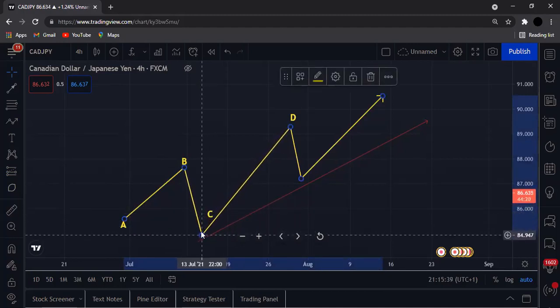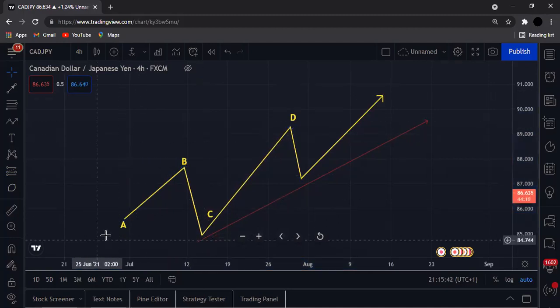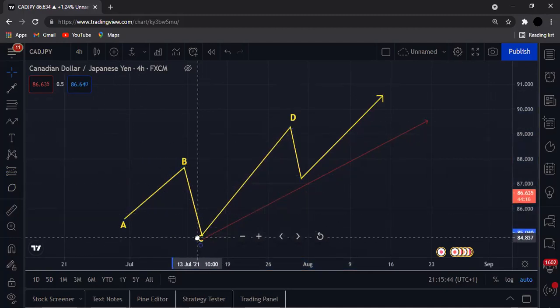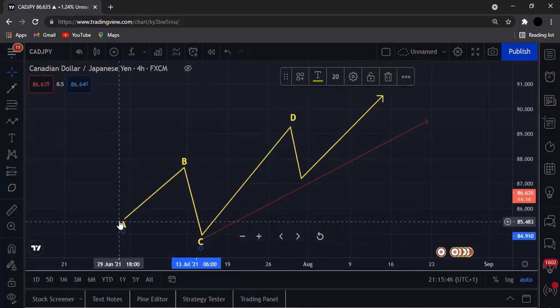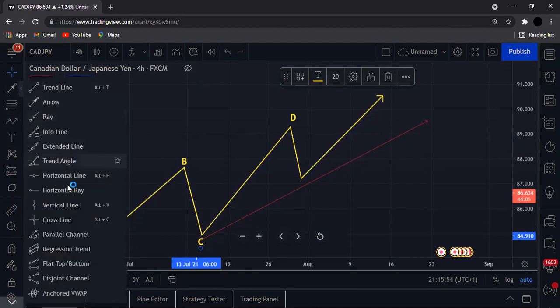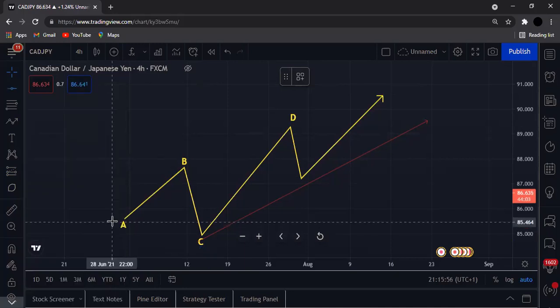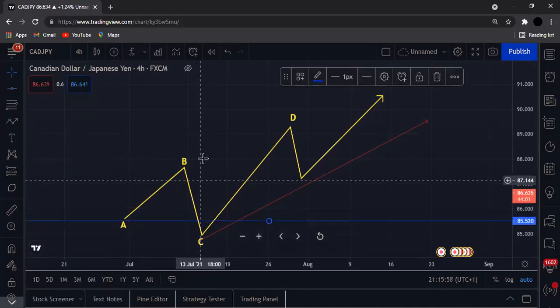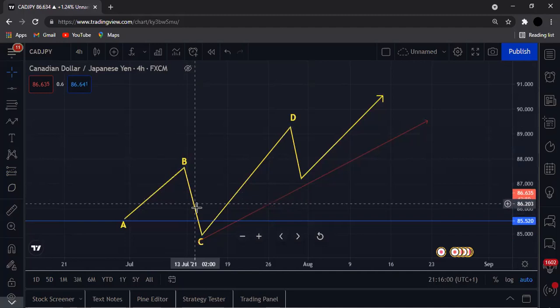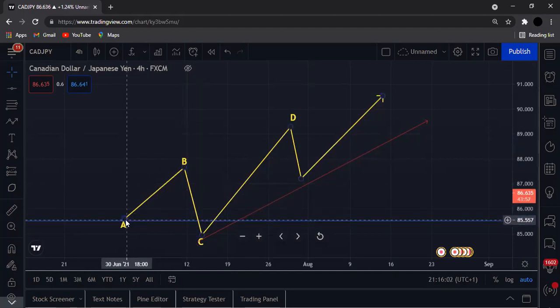All right. You grab. So now my point C has broken the horizontal level here. So it's low now. You can see point C broke below A.